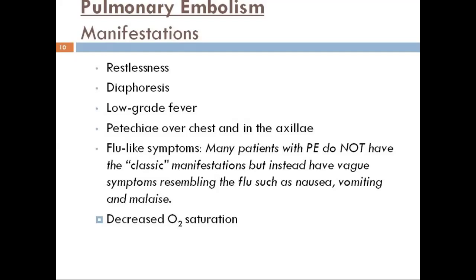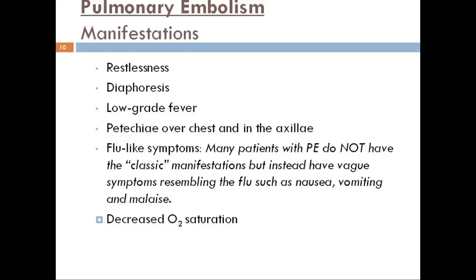Okay. So you can mistake this to be a flu, right? It's a very serious condition that needs immediate diagnosis and treatment, especially the decreased oxygen saturation in the blood, and it needs to be taken care of.